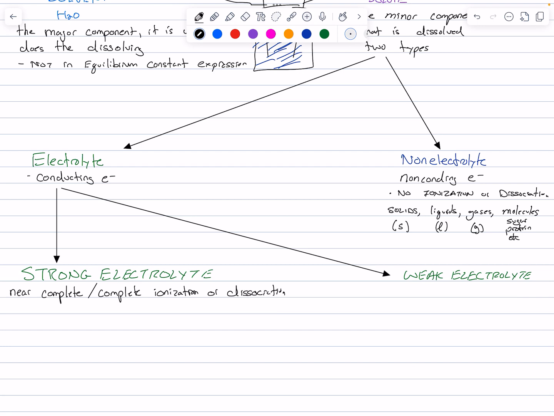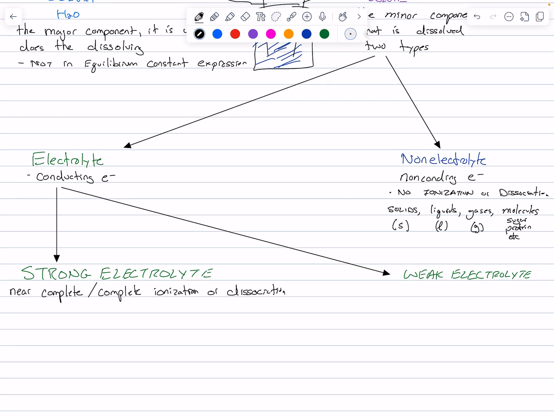What does that mean? It depends on how you define it, not a big deal. We're going to treat them the same. For example, HCl: we're going to say that 100% goes to H plus and Cl minus. That would be a complete ionization or dissociation.